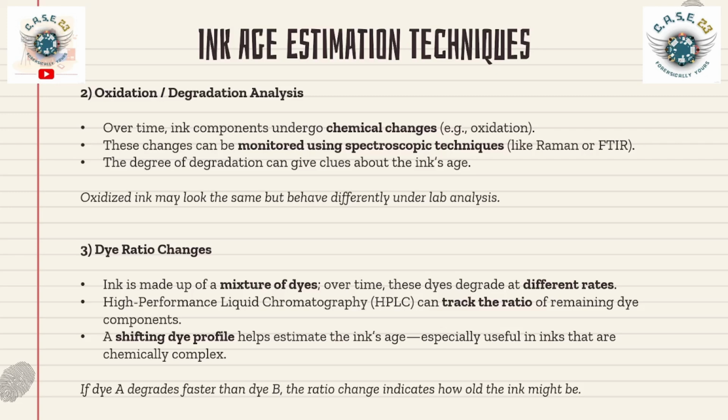Experts use a technique called HPLC to measure how much of each dye is still present in the ink. For example, say two dyes are present in an ink, and I will name them dye A and dye B. If dye A fades quickly, but dye B remains longer, and we notice that dye A is almost gone, it means that the ink is quite old. This method is especially helpful for complex inks used in high quality pens or official documents.